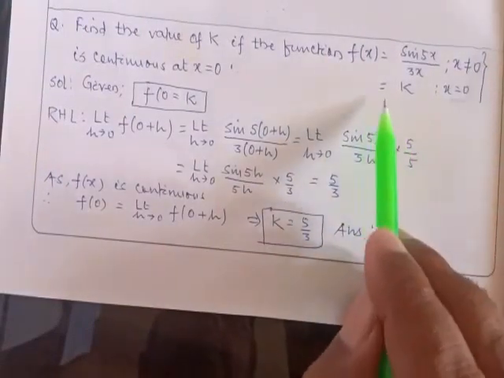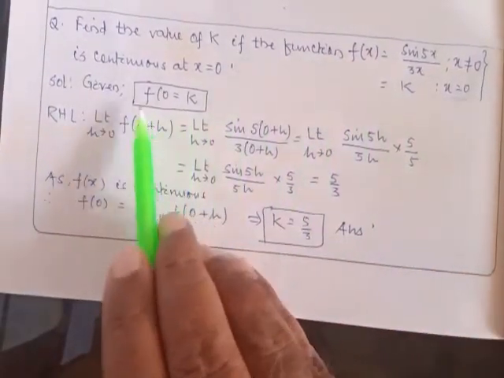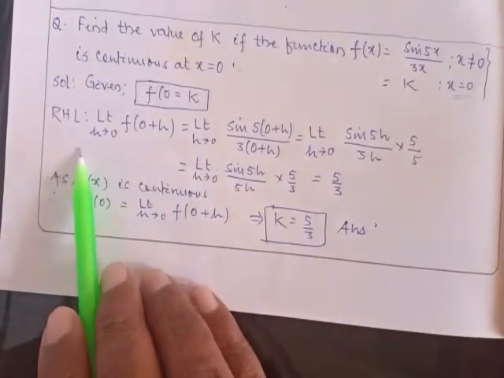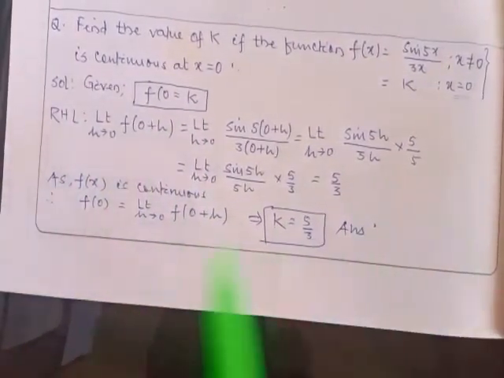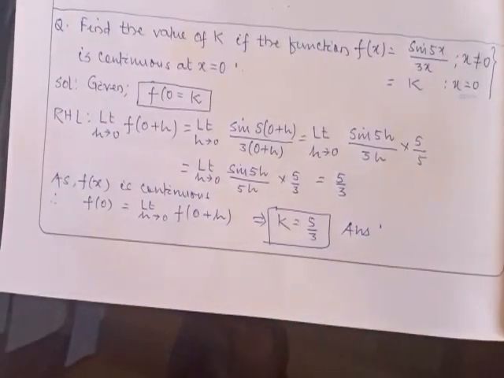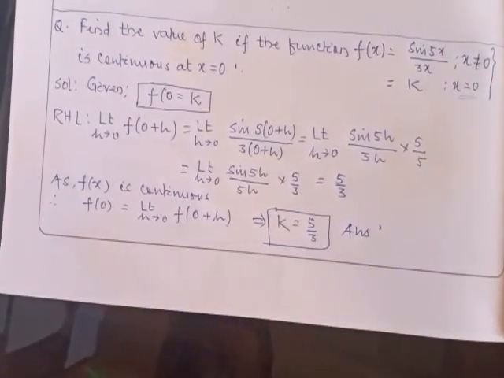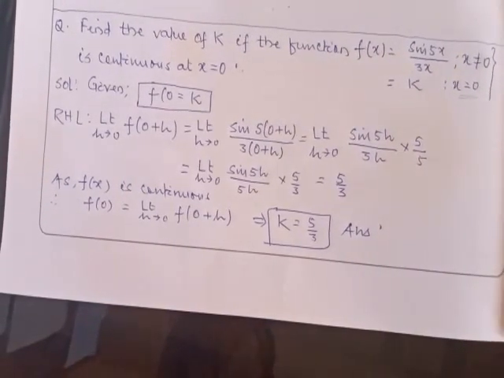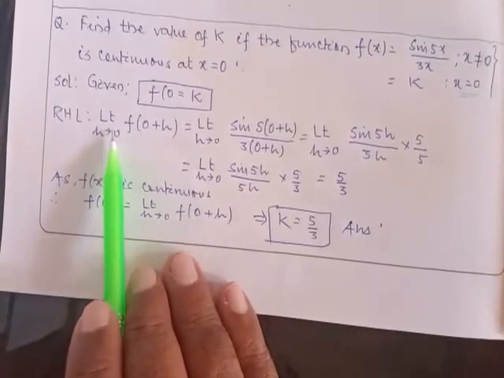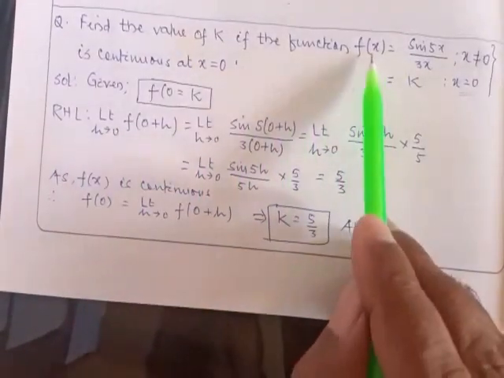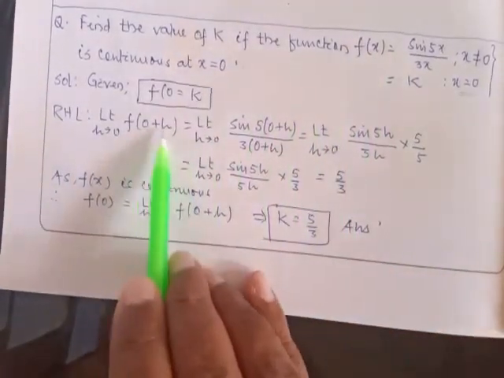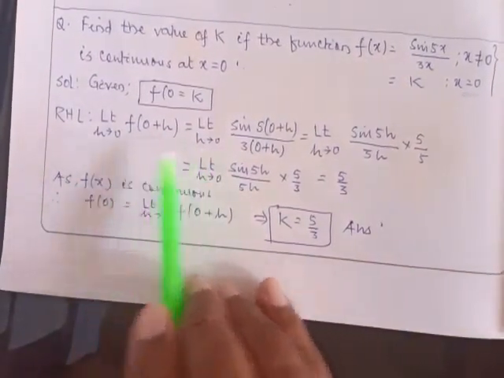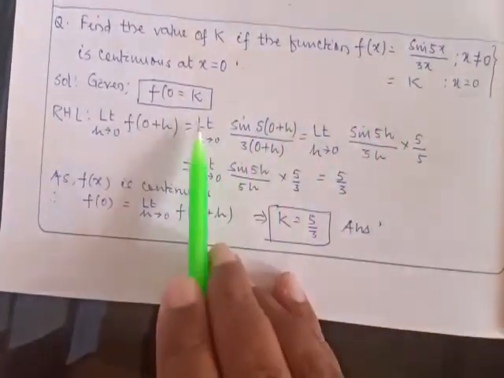Next, calculate the right hand limit. You may calculate any one, either left hand limit or right hand limit, because the function is continuous, so all the three values are already equal. So for the right hand limit, replace x by 0 plus h and take limit as h tending to 0. So it is limit h tending to 0 of sin(5(0+h)) upon 3(0+h).